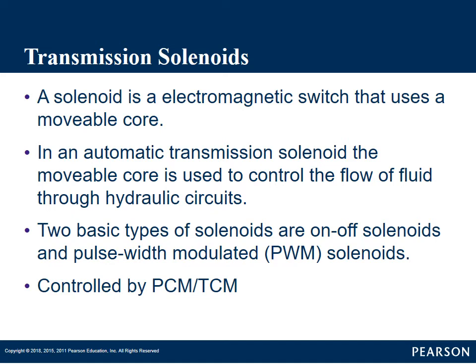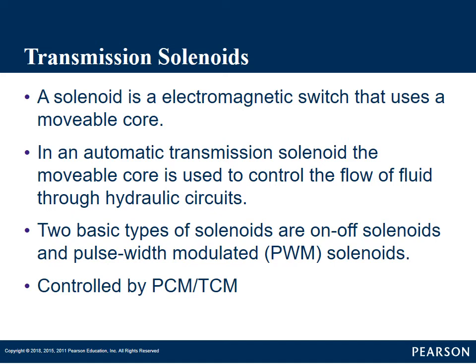If you remember the difference between a solenoid and a relay, a relay had a movable arm, where a solenoid had a movable core. They were both electromagnetic switches, but the solenoid has a movable core. That core is what moves to control the fluid flow.